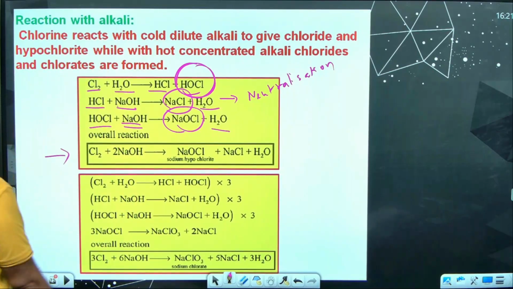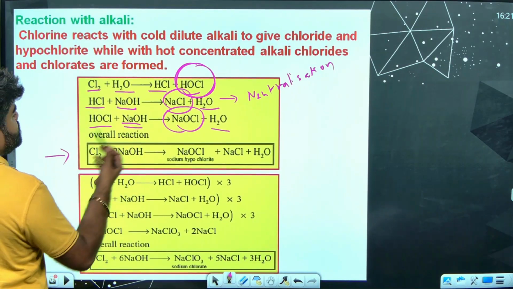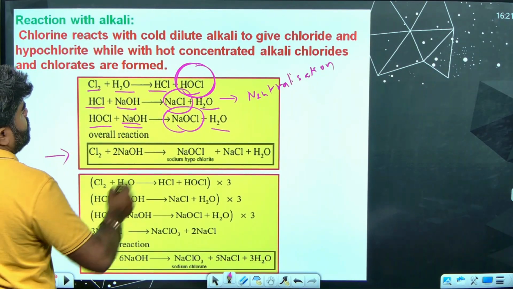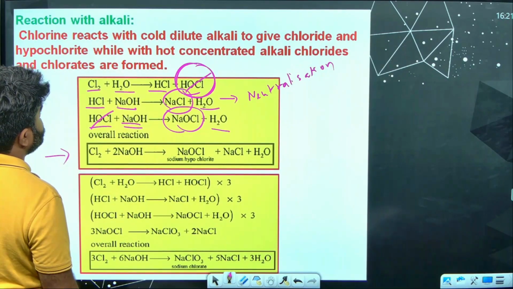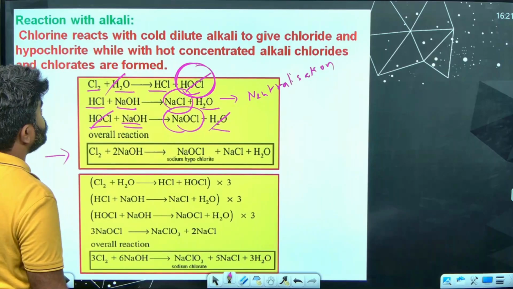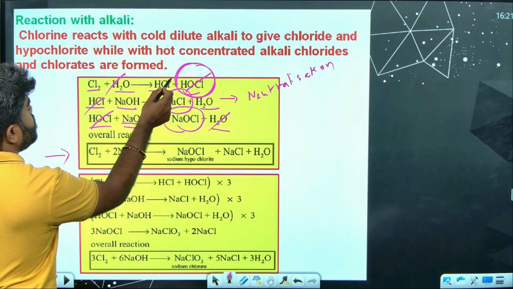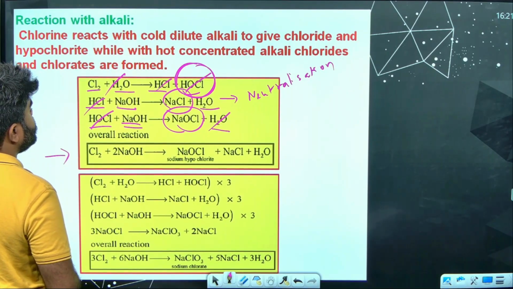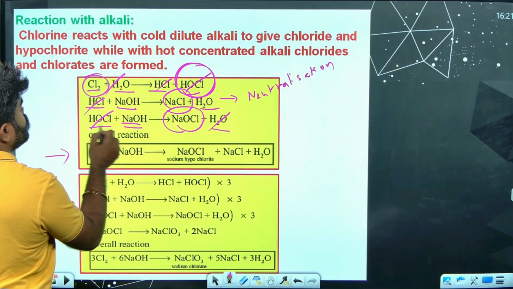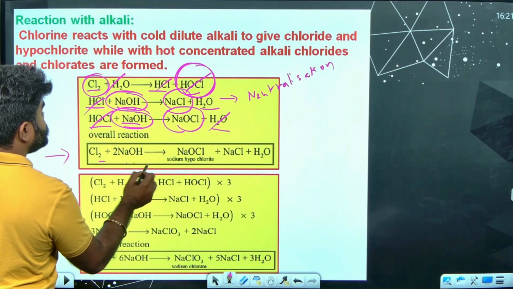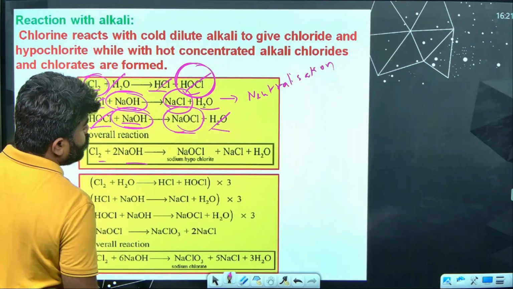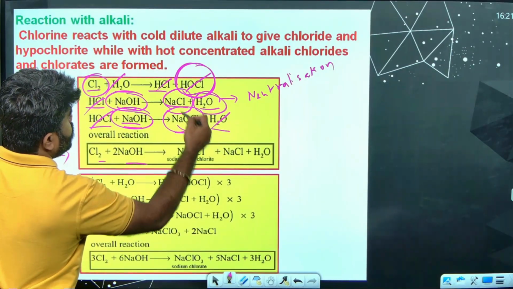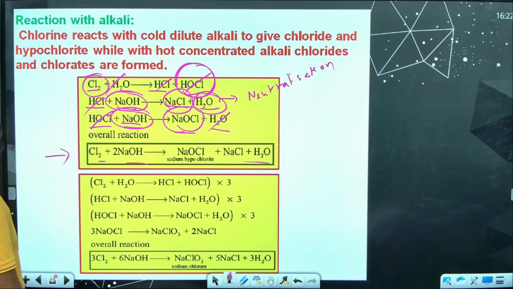Like in our previous reaction, whatever is common on the RHS and LHS, we can cancel out. HOCl and HOCl, then one H2O here and one H2O here, HCl and HCl, right? Then Cl2 when it reacts with 2 NaOH gives NaCl and NaOCl along with one H2O molecule. So this is the overall reaction. All right.